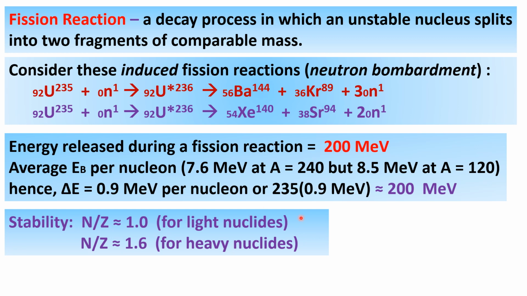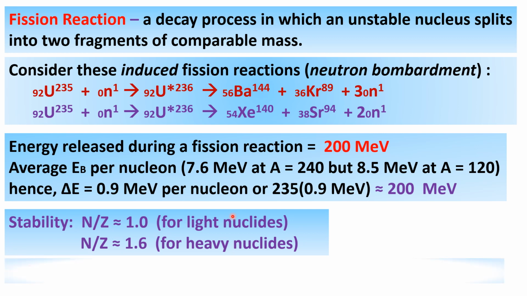In other words, when they are released as byproducts, they themselves undergo nuclear transformation to achieve stability.